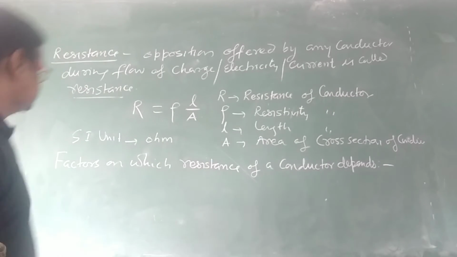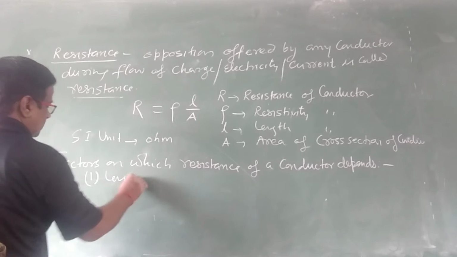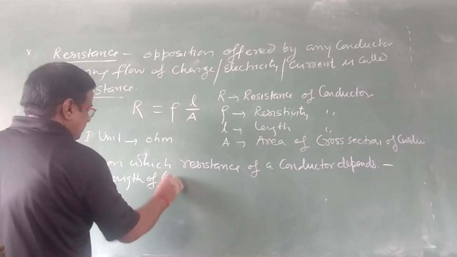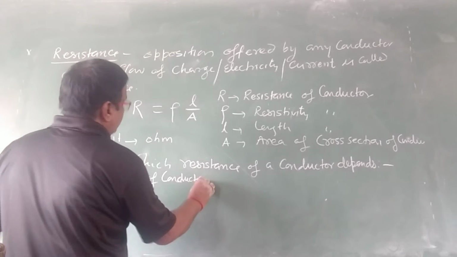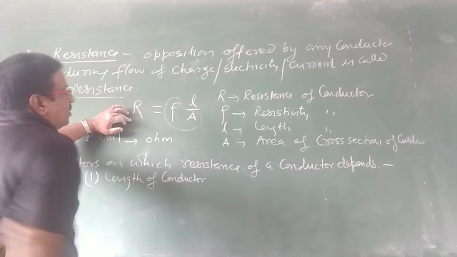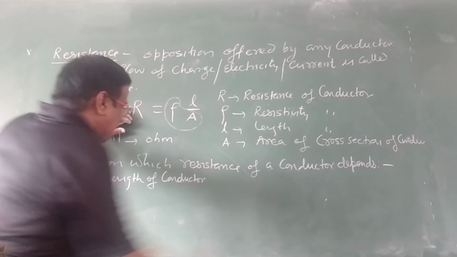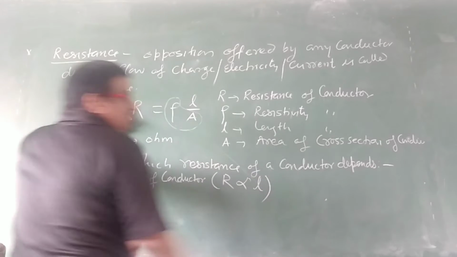There are many factors. Number one, length of conductor. From this formula it is clear, if you take area of cross section and rho constant, what will happen? Resistance is directly proportional to length.